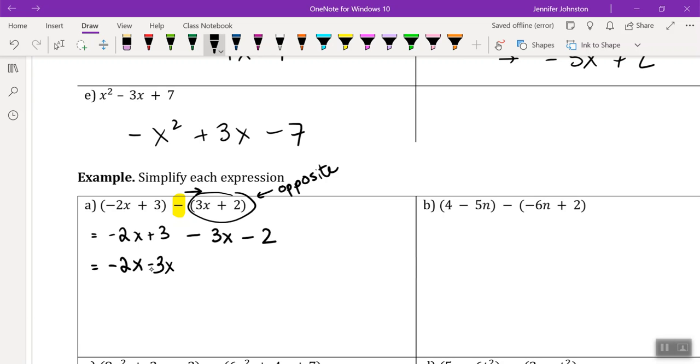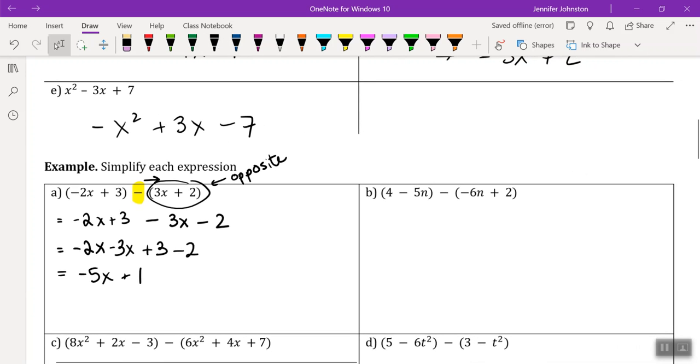That minus sign and subtract can be used hand in hand. It's a negative 3, but we're also subtracting 3. Either one works, but it's not two negative signs. And the 3 and the negative 2 come together. So negative 2x and negative 3x gives negative 5x, and 3 minus 2 is positive 1. Can we put these together? If you clicked on it, it'd say no, it can't go together.